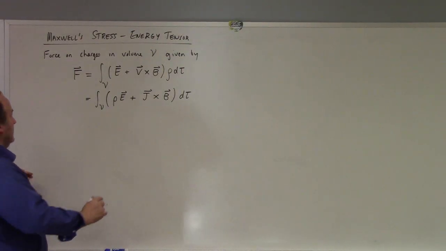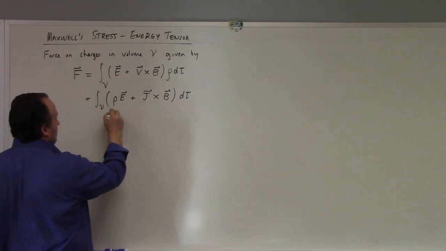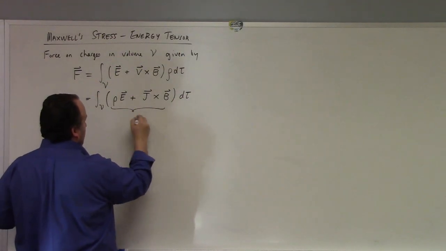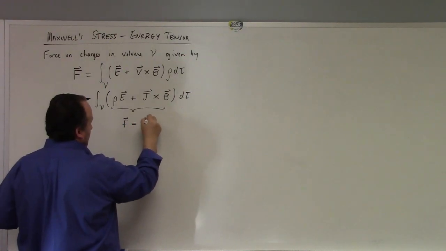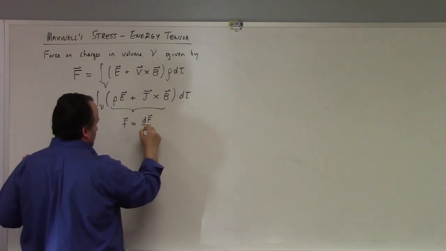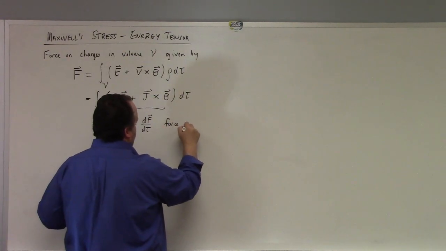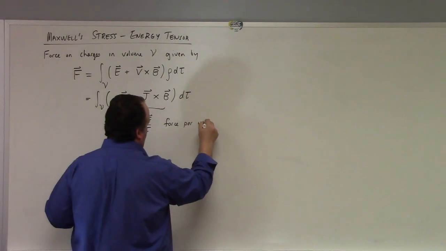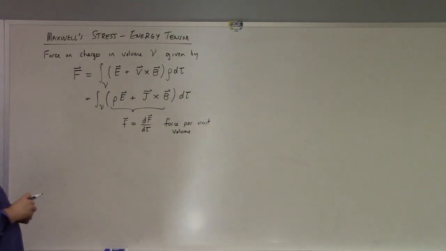So in short, this quantity right here, he calls it little f, which is equal to df d tau. It's the force per unit volume, right, due to the electric and magnetic fields acting on the charge.